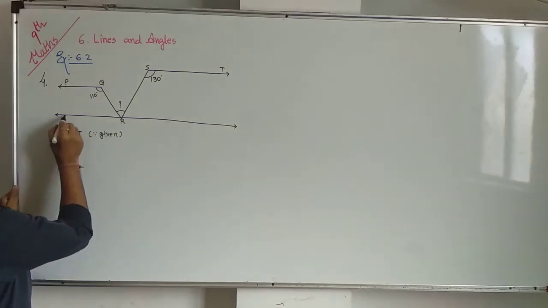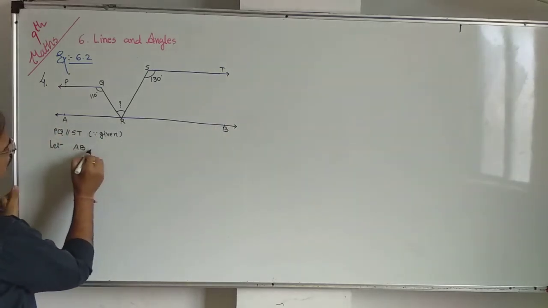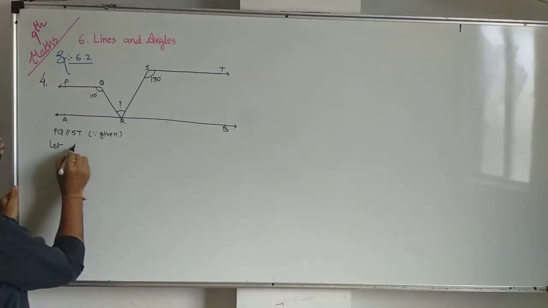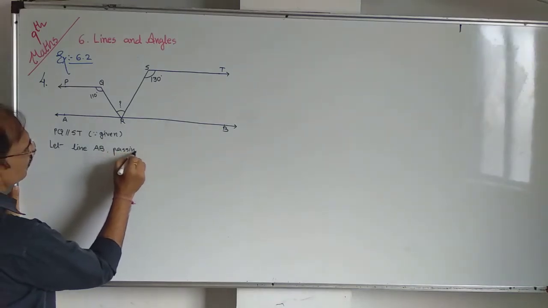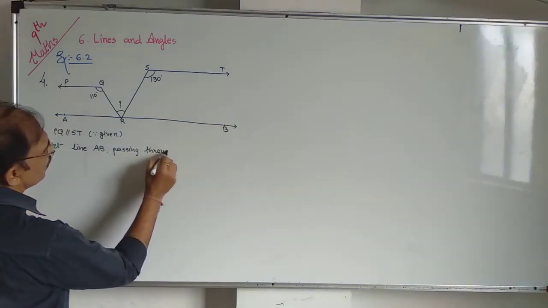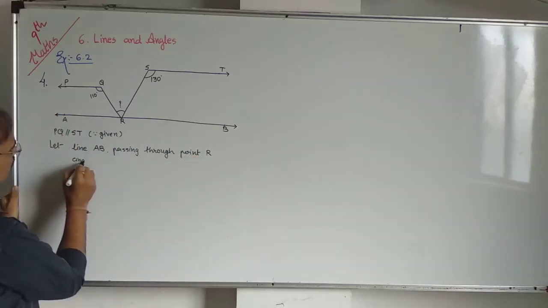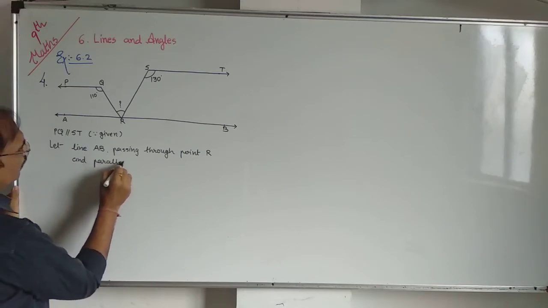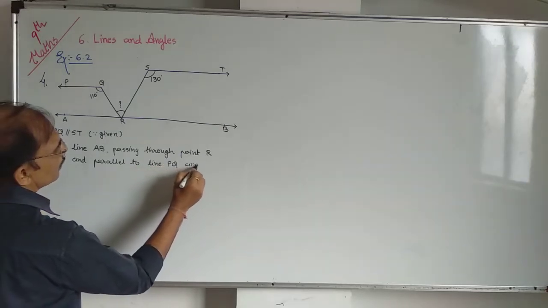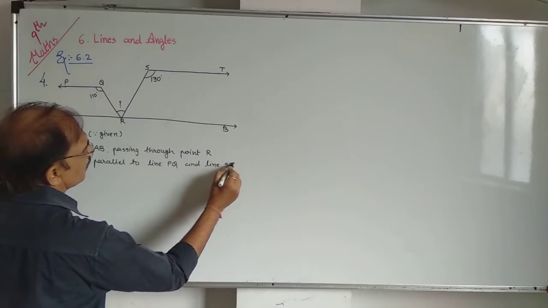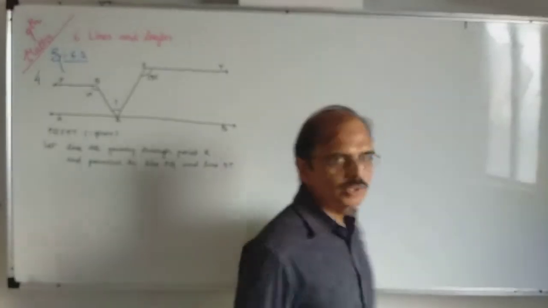Let line AB pass through point R and be parallel to line PQ and line ST. Okay, this is our supposition that a line AB passing through point R is parallel to PQ.